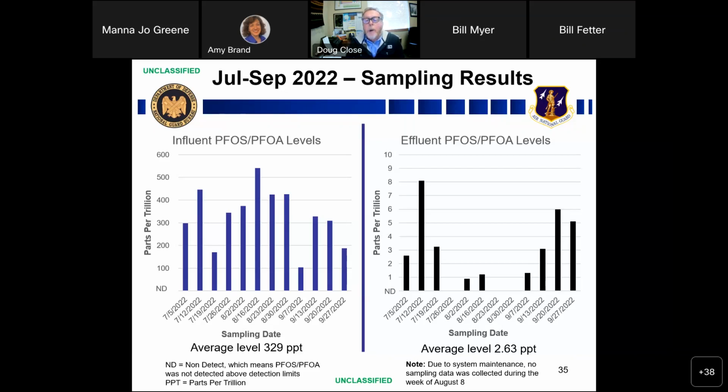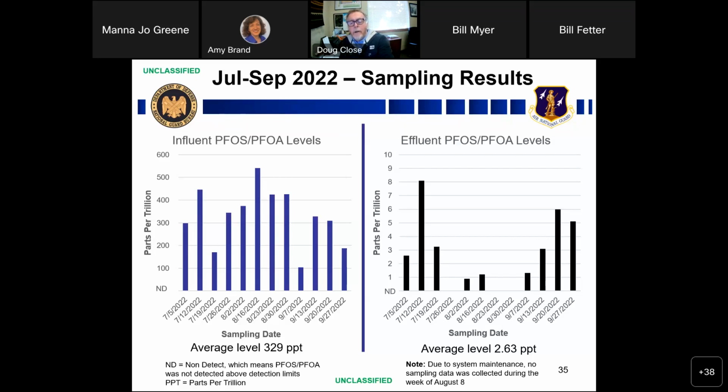On the right-hand side of the chart is parts per trillion in single digits. This is the combined effluent, the water after treatment, after it's run through our treatment system and we've discharged it. This is the effluent we're sampling as it goes over. I think it's important to show that on the left-hand side, at the beginning of July, we were operating at the tail end of the last media change.